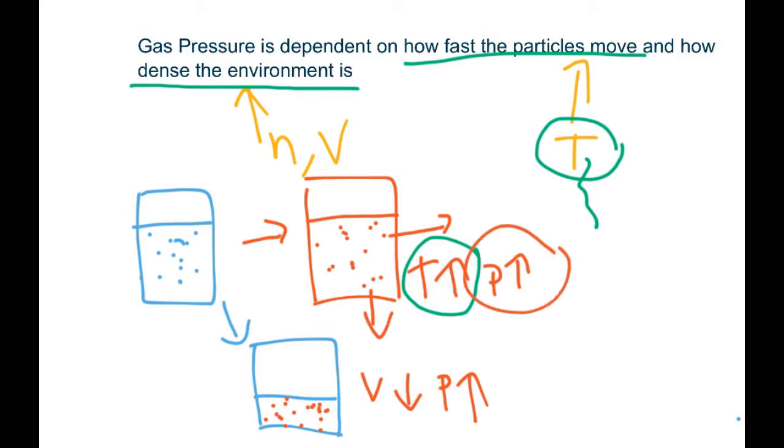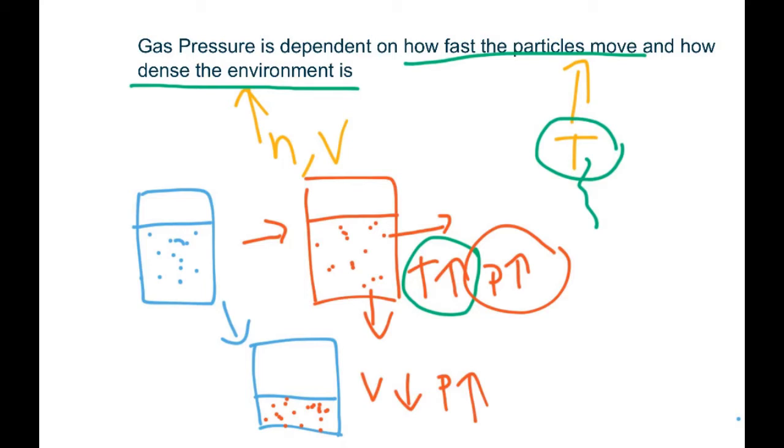Now let's look at the second situation, where instead we decrease the volume. Decreasing the volume increases the compactness of the environment, and by making the environment more compact, molecules will crash into each other and the container more often.